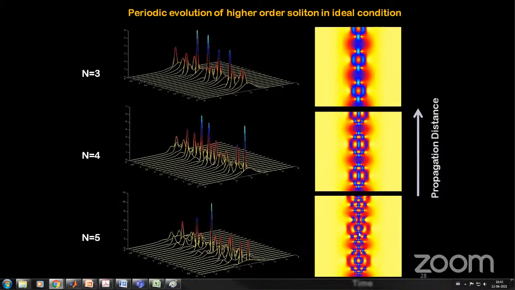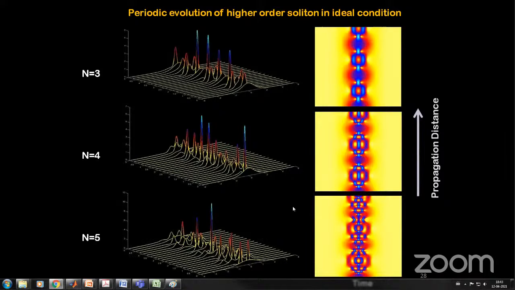That means if you have a bright blue color, then you have a higher intensity. So these higher intensities are here, represented by this blue color. And you can see that there is some sort of splitting of the pulse, and then again it merges, and then again splitting of the pulse and merges, something like that for n equal to 3, n equal to 4, n equal to 5. These things are much more complicated.